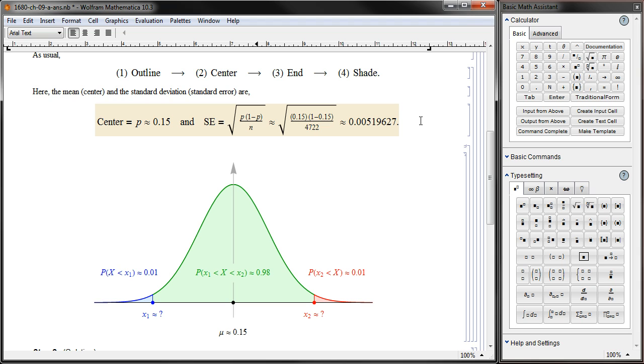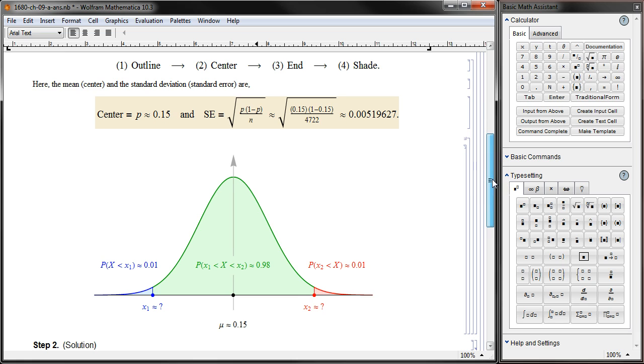I ended up with 0.0052 approximately, but I'm going to use as many decimal digits as possible in the intermediate step so that I can round only at the very last moment. So I'm going to use this entire digit string later on. So that's the SE formula. Here's the initial picture. And then we're going to use the Z-curve.